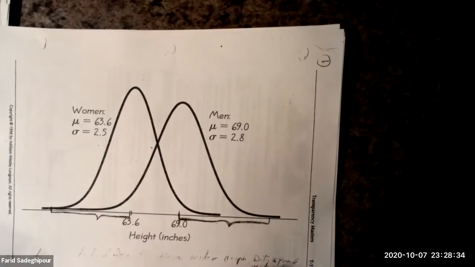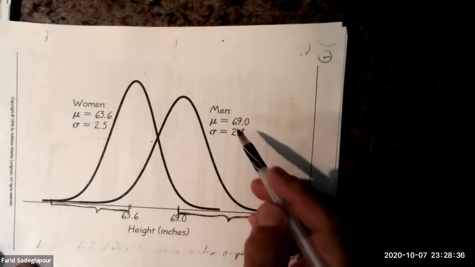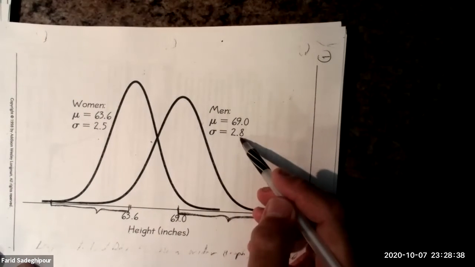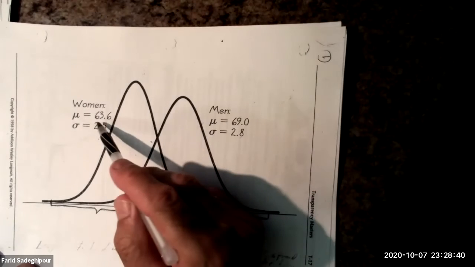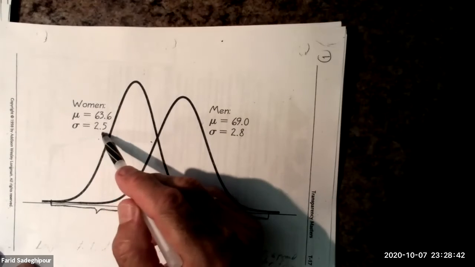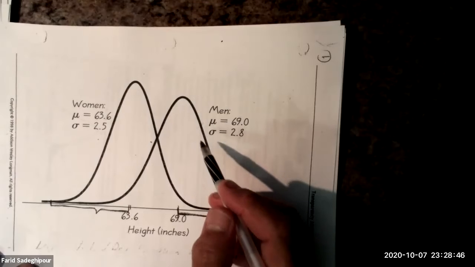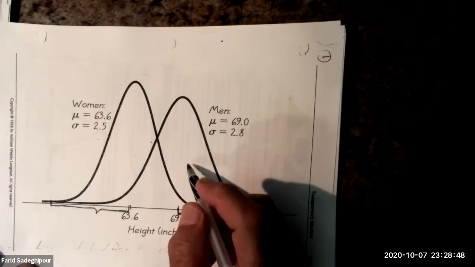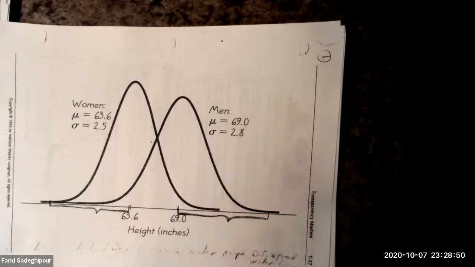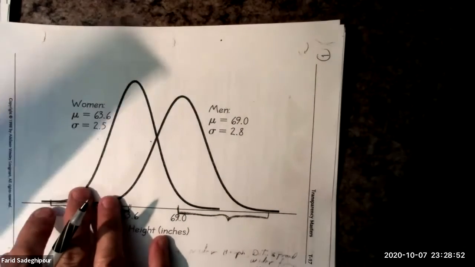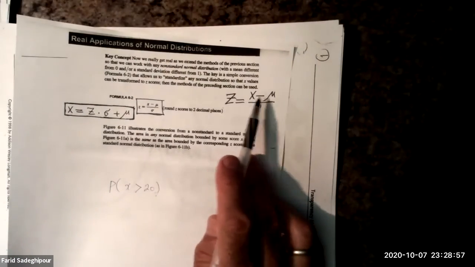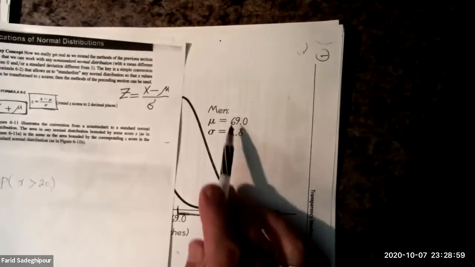But now you're dealing with some curves that are not standard, like this one, look, mean is 69 and standard deviation is 2.8, or the other one, mean is 63.6 and the standard deviation is 2.5. So in that case, you have a normal curve. How do I find the area of the normal curve? If you want to use the table, you need to do the conversion of X. You already have the mean and standard deviation, right?